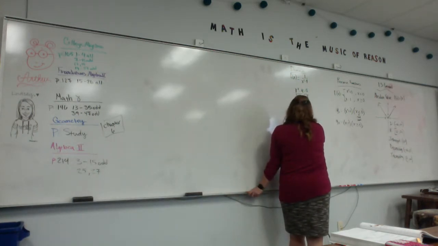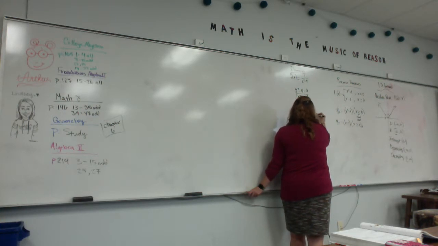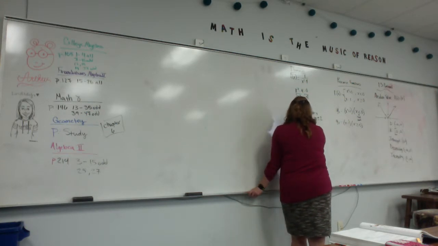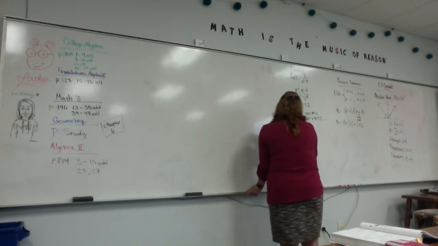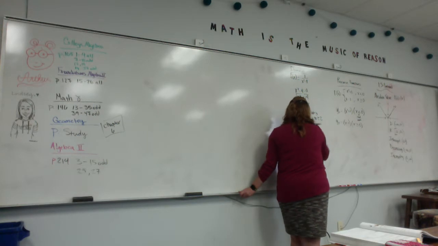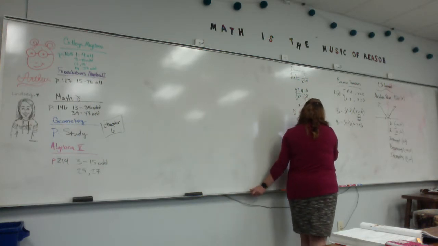Domain is all real numbers except x cannot equal plus or minus 2. Or you could write it in interval notation, which they're going to ask you to do, where it says negative infinity to negative 2, and then united with negative 1.